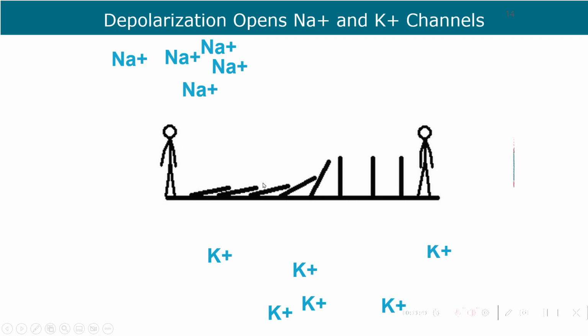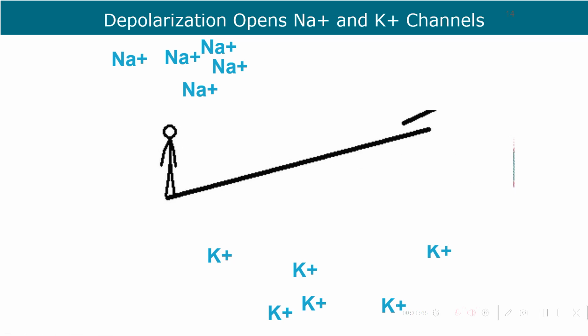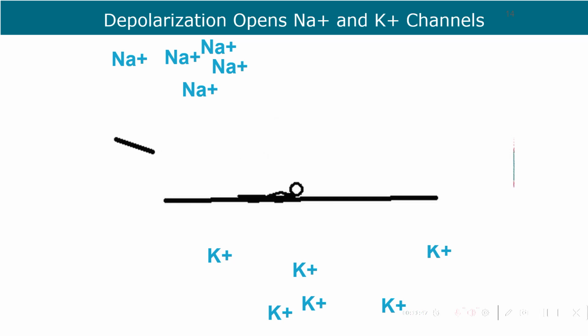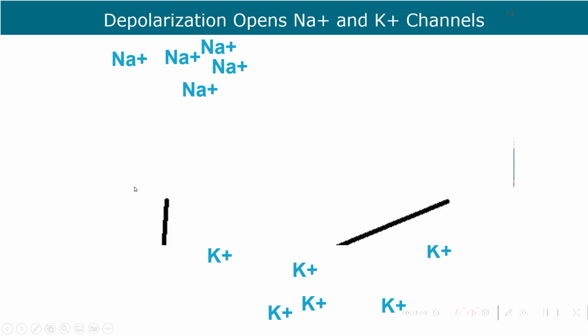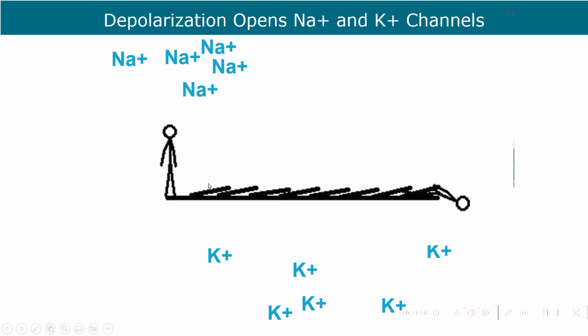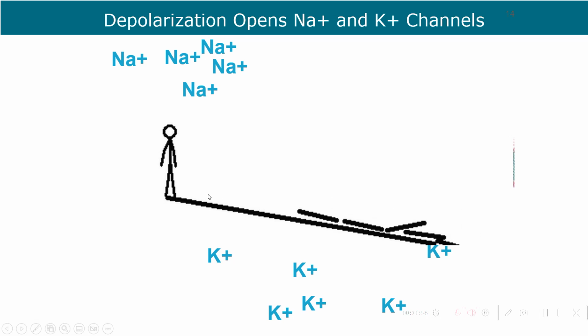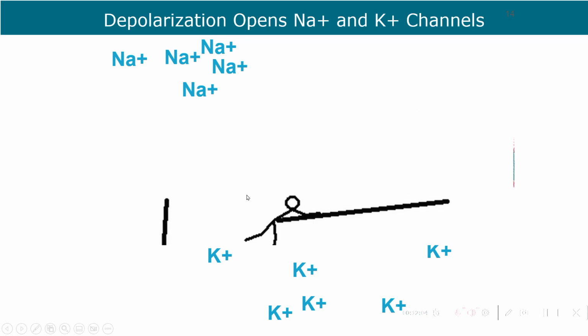Now, when you depolarize, you'll notice that we have a pretty long axon. And so what is really happening is that the signal doesn't go directly across. What's happening is that you have the closing or opening of different channels along the length of the neuron.